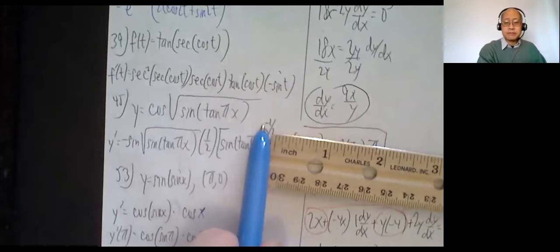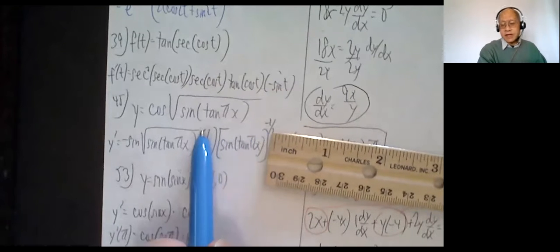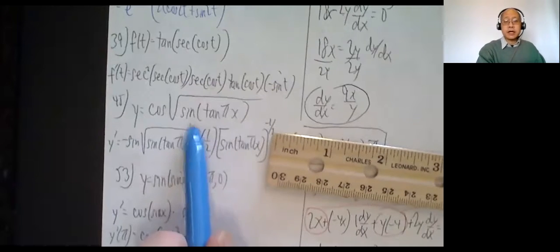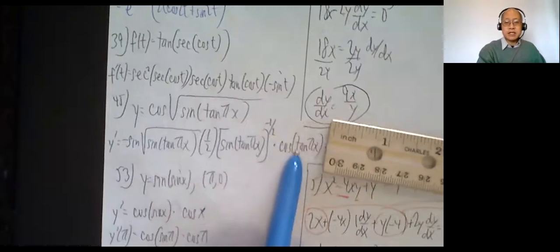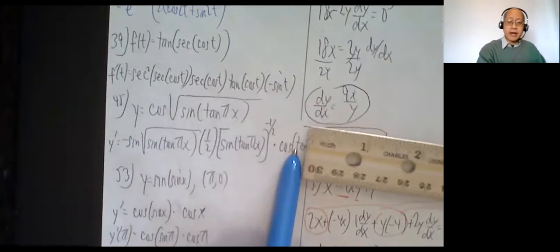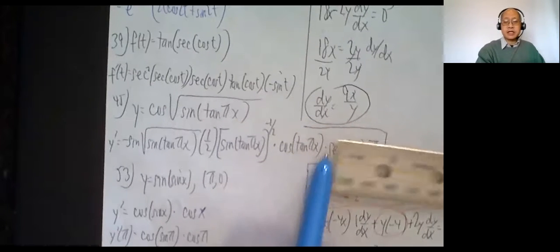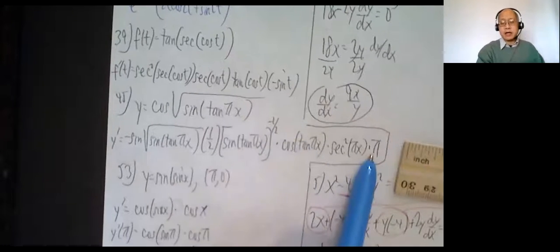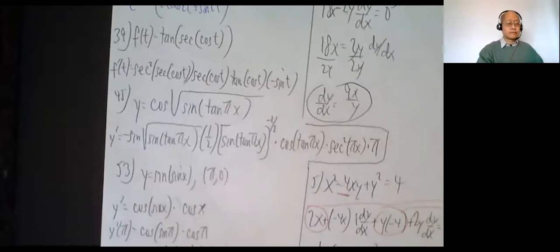Square root's done. Next in line, right? Next one is sine. How do we take the derivative of sine? Cosine of everything that's inside, tan pi x. Next in line, tangent, secant squared. Next, pi x, pi. So there we go.